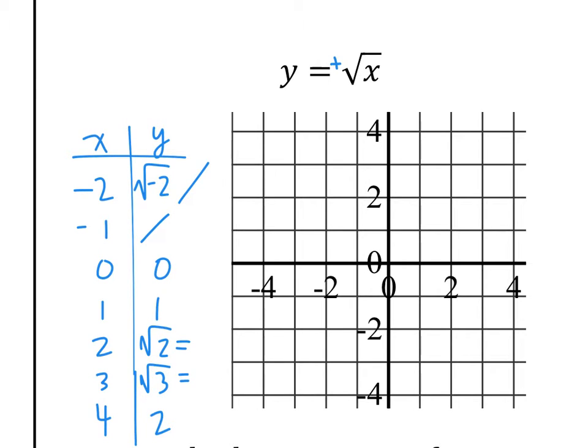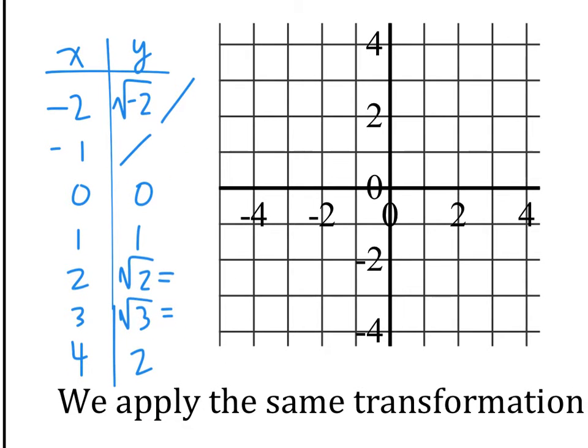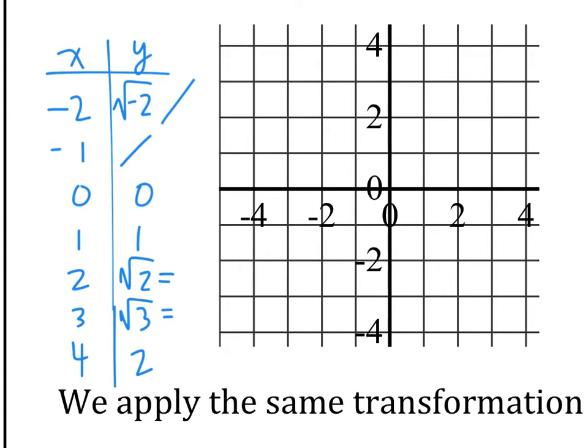Now let's take out a calculator and figure out what square root 2 and square root 3 are. Find the square root button on your calculator.